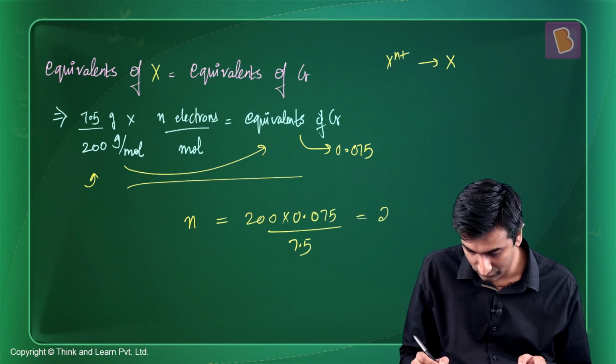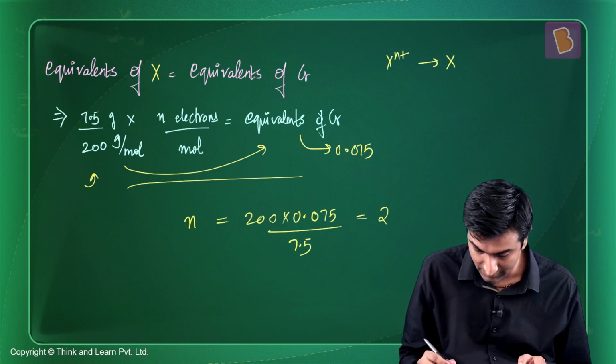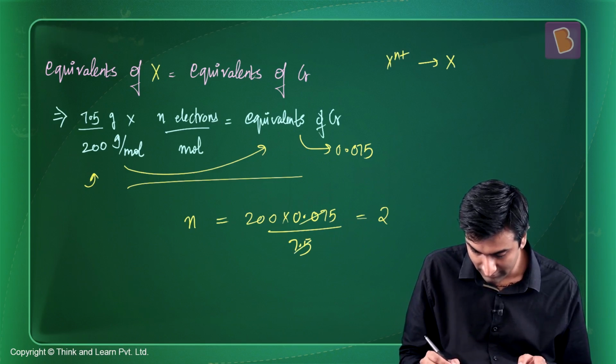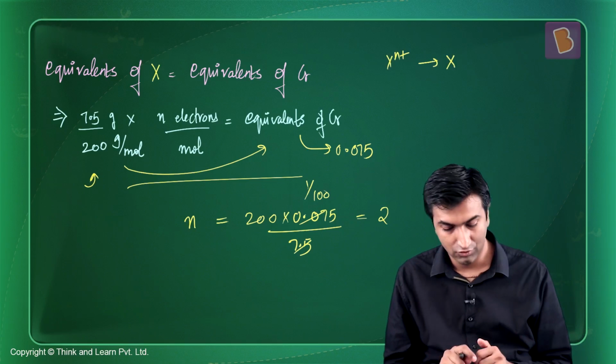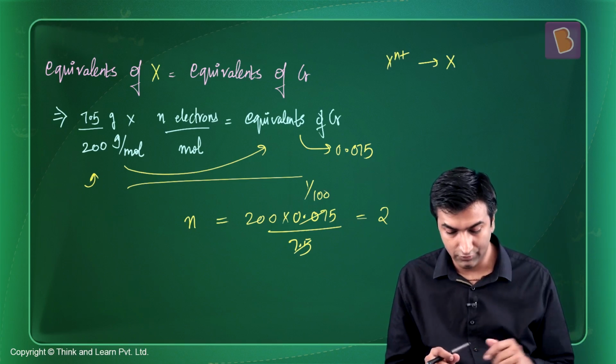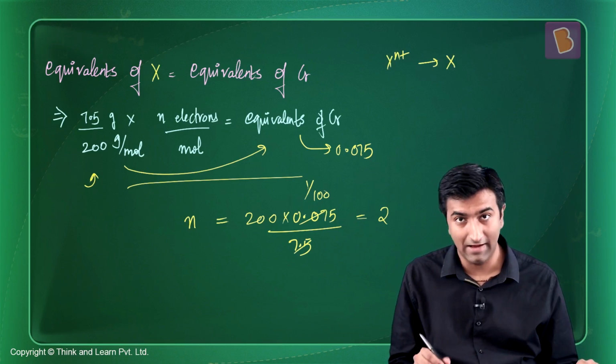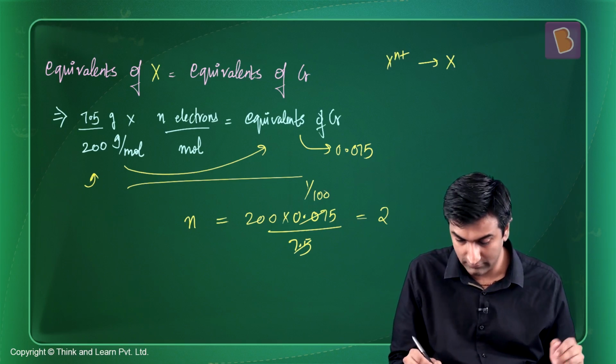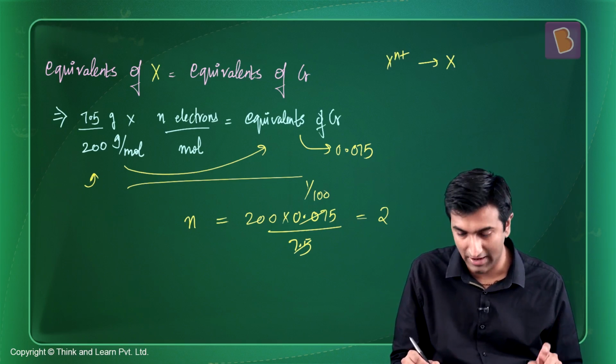What you get here is 2. Everything else cancels out. Does that make sense? Yes, it does. This is like dividing 7.5 by 100. And you get this n value to be 2. So that's it. And if the n value is 2, a part of my answer, I need to add this, right?